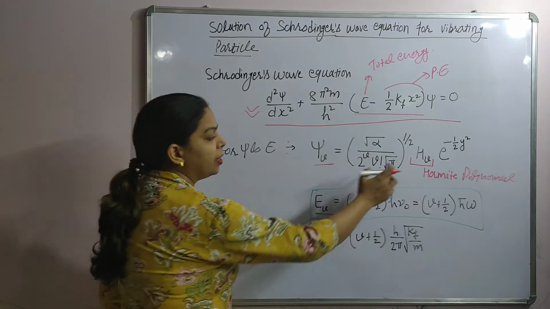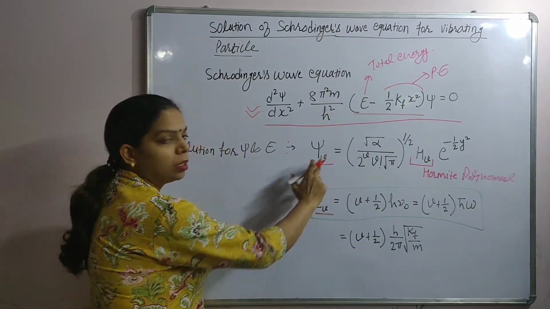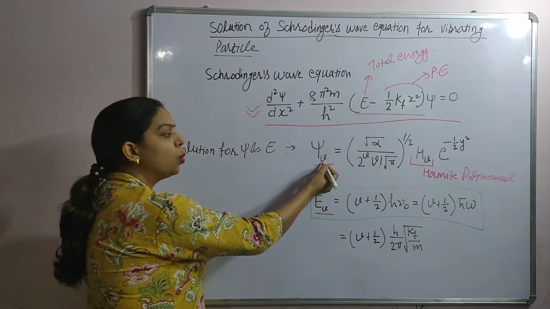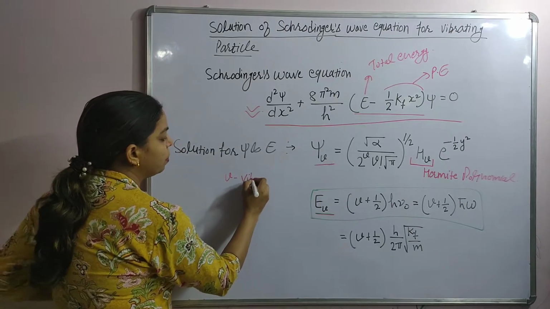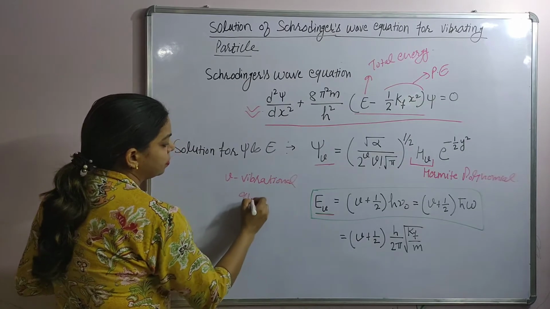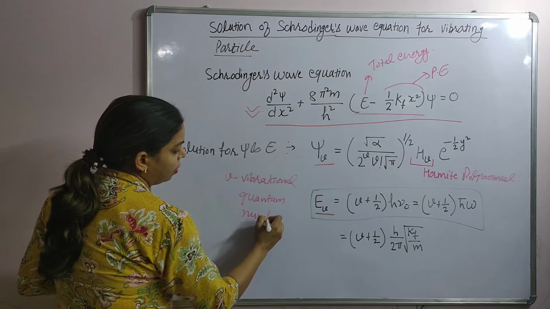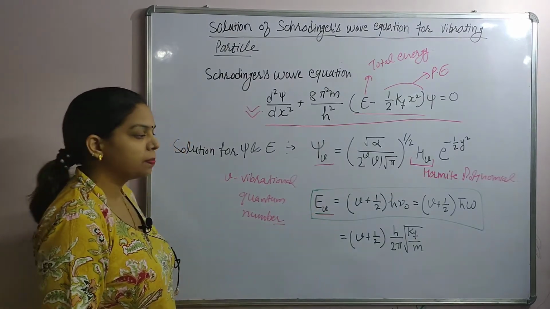It also depends upon in which vibrational energy level the particle is lying. So the wave function is dependent on the vibrational quantum number. Here small v is the vibrational quantum number. So we can say energy is quantized.